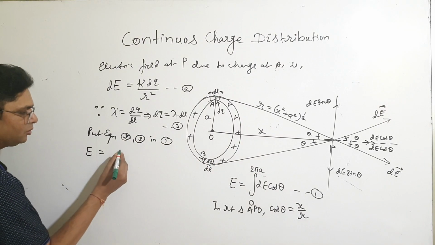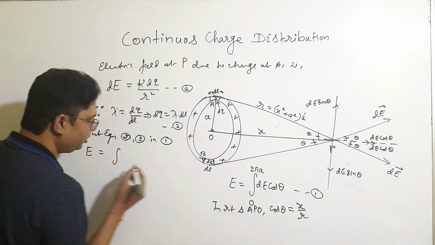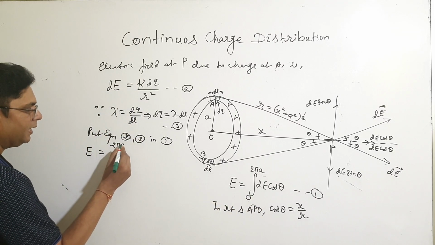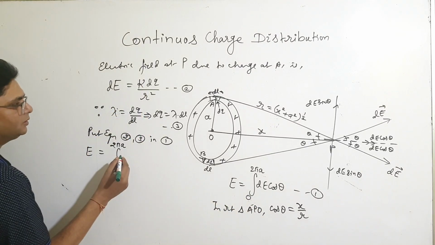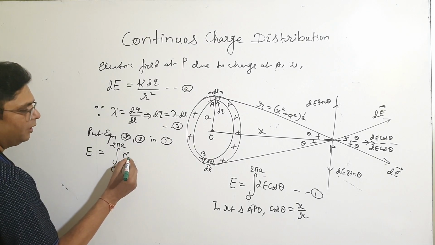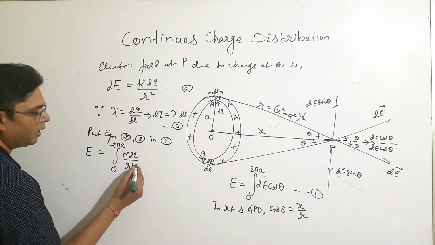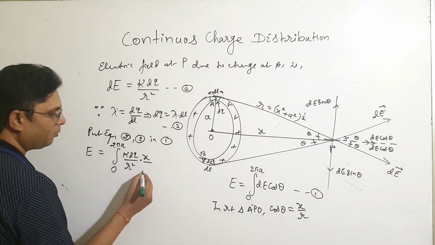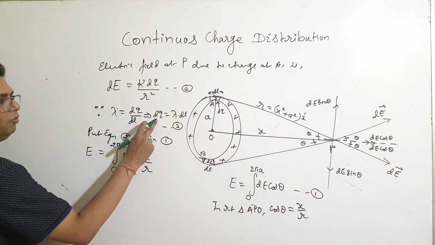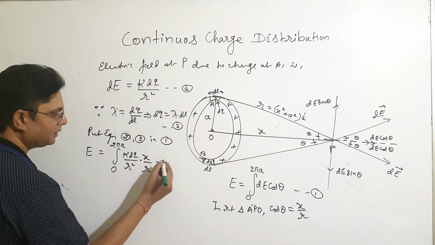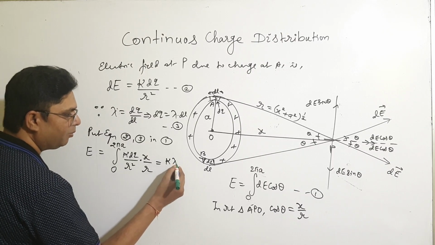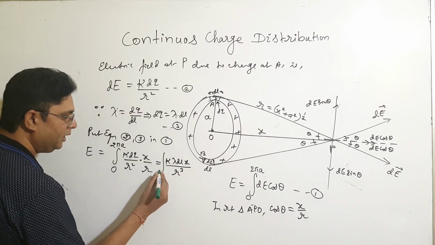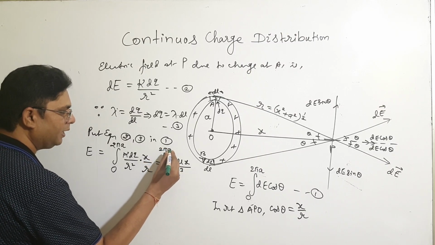You have E equals integration from 0 to 2 pi a, and the value of dE is k dq upon r square, the value of cos theta is x upon r, and in place of dq we write lambda into dl. So the next line is k lambda dl x upon r cube, integration 0 to 2 pi a.